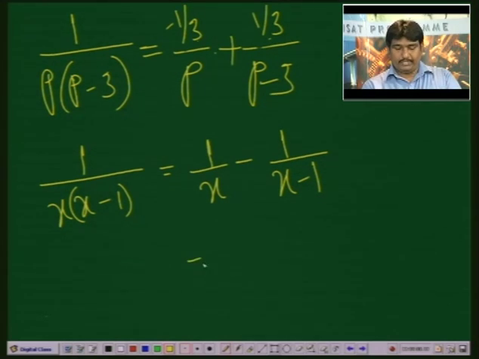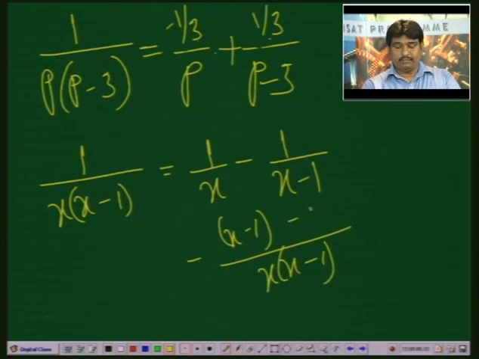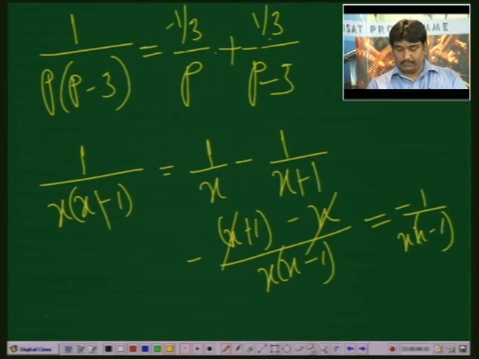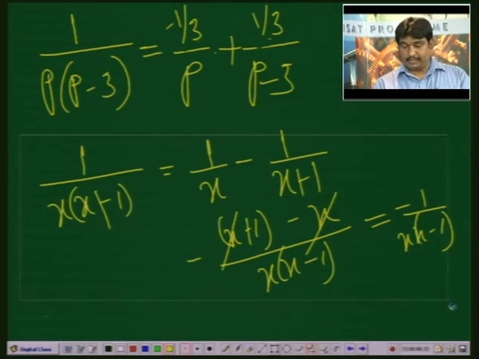Because when you simplify this, it becomes x into x minus 1, x minus 1 here minus x here. So x minus x is 0. Now this is for x plus 1. If it is x plus 1, I can do that.